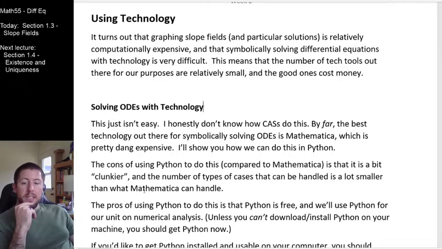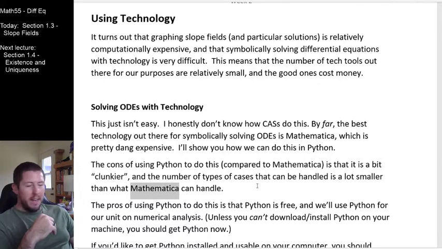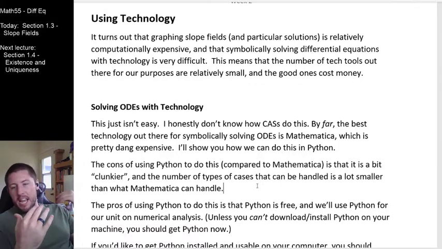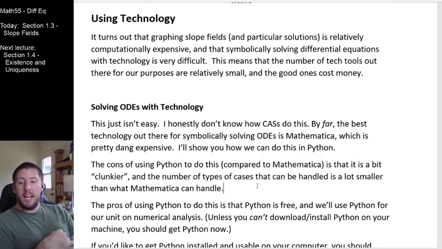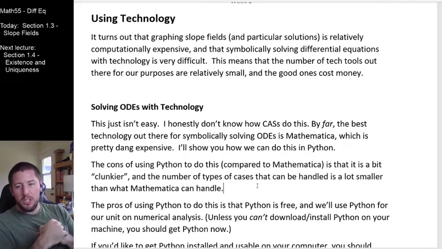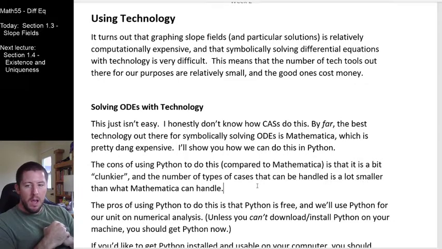The other thing that's true is that Mathematica is a gigantic beast of mathematical ability. Mathematica can handle a huge variety of different differential equations. It can handle partial differential equations. It can handle first order, second order, third order, fourth order. It can handle systems of differential equations, all this stuff. Python has a bit more of a limited scope of the classes of differential equations that it can manageably solve.